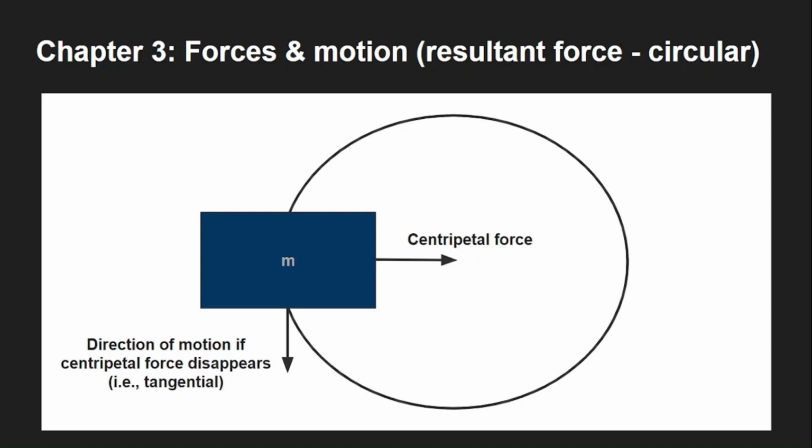But before I get into that, I just want to explore how an object moves in a circular path. We know that velocity of an object is essentially its magnitude and its direction. A change in the velocity can be caused by a change in either the magnitude or the direction, or a change in both, right? And when velocity changes, we have an object that accelerates.